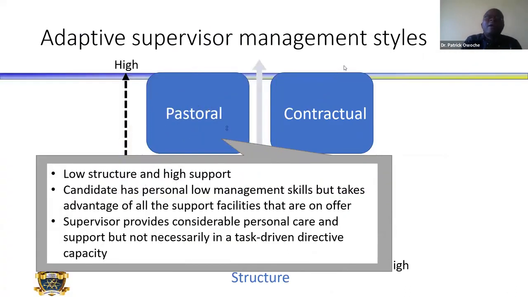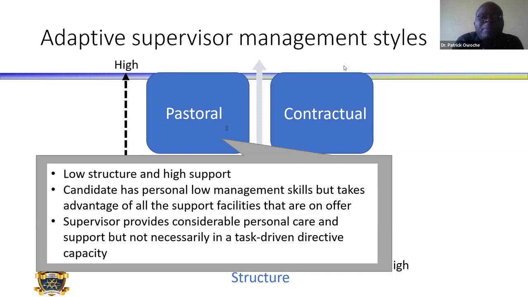Now, I want to talk about one style and then see how online tools can be used in this style. So I'll look at adaptive supervisory management. I'll first explain what pastoral is. Pastoral is low structure, but high support.